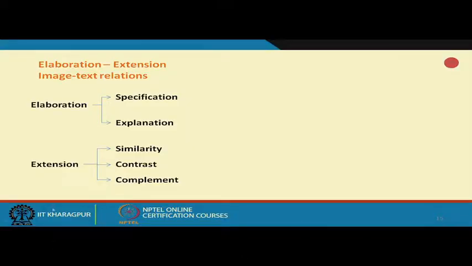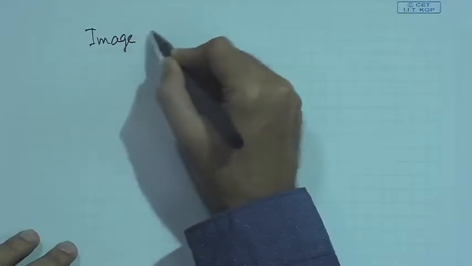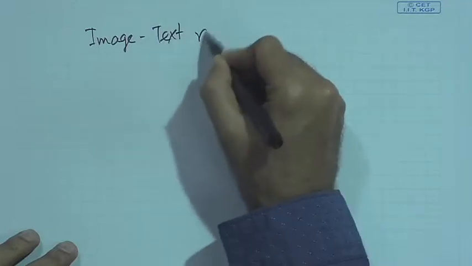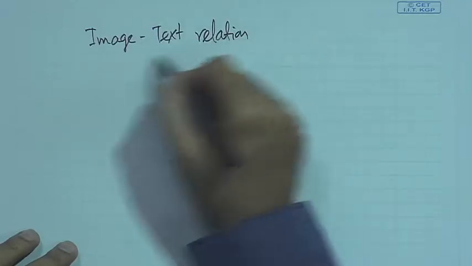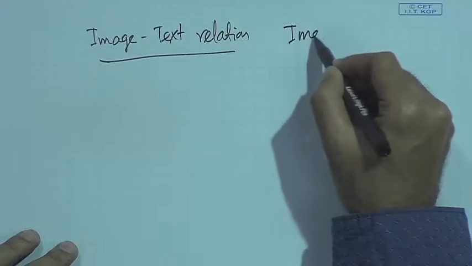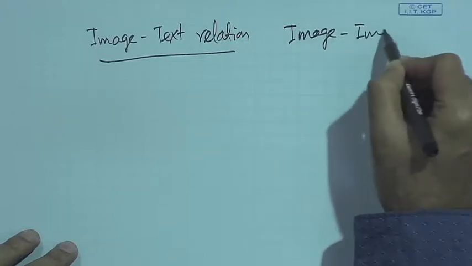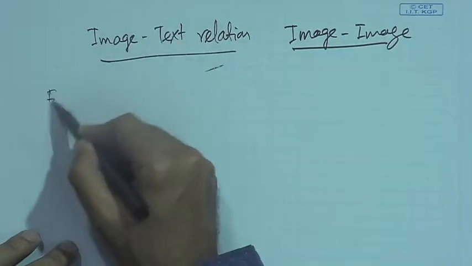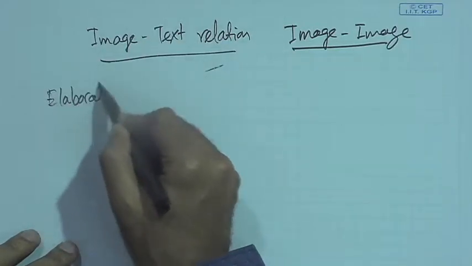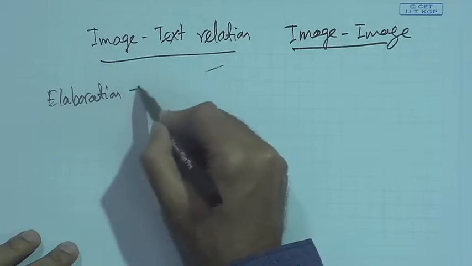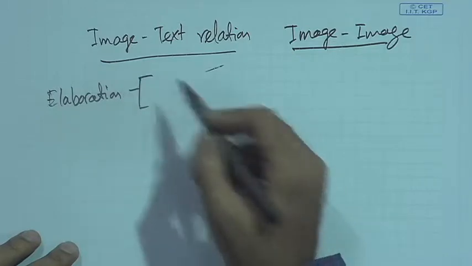Let us have a look at how it works. So, elaboration, when it comes to image text relation, there are two types of relation possible. One is image to text and the other is text to image. When it comes to image to text, for elaboration we can work in two particular ways.